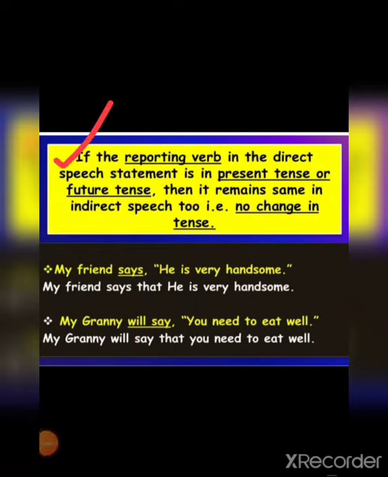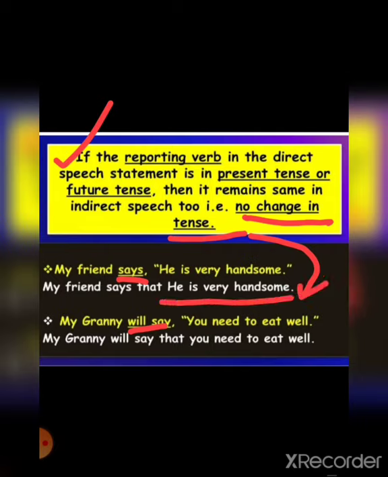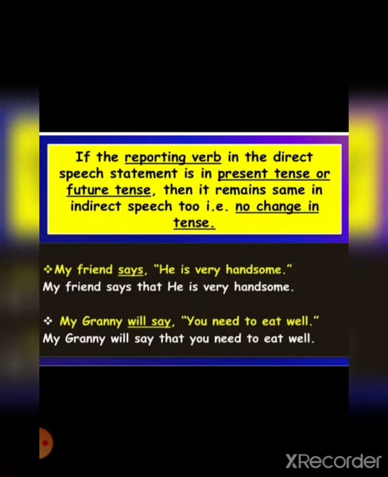So see, if the reporting verb in the direct speech statement is in present tense or future tense, then it remains the same in indirect speech too. That is, no change in tense. You don't need to change the tense in indirect speech. There is no need to change the tense. Understood?